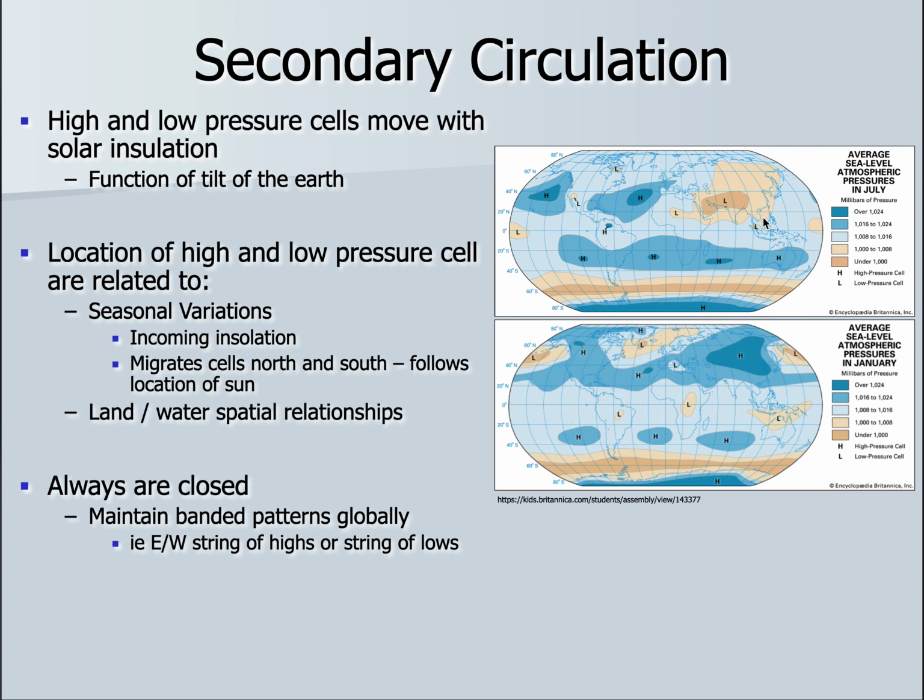Now, Asia is enormous. The bigger the land mass in the summertime, the bigger the low pressure cell is going to be, because we've got more mass to radiate energy off of. So this is going to be a large low pressure cell that's generated here, just because this is our largest continental mass between Asia and Europe.